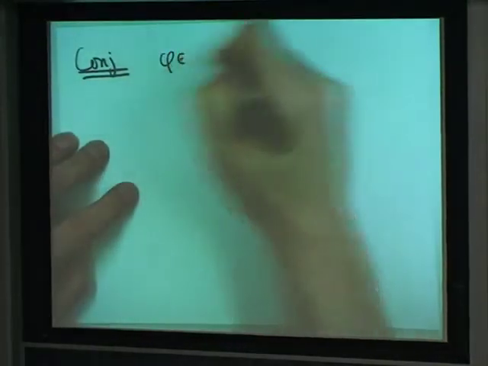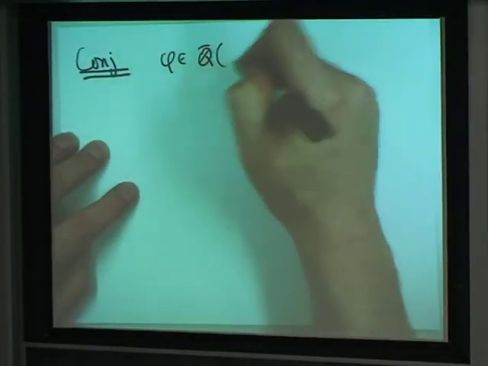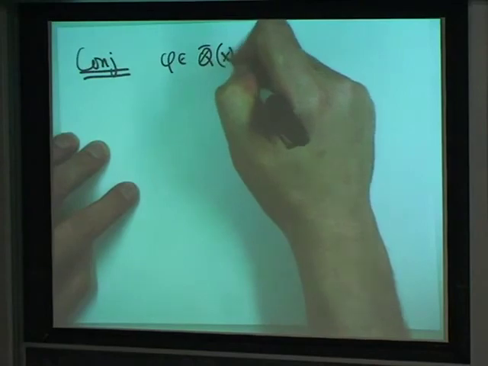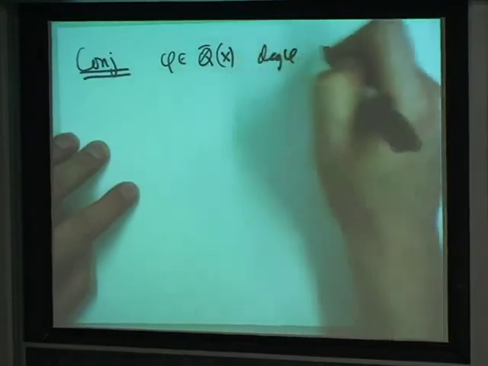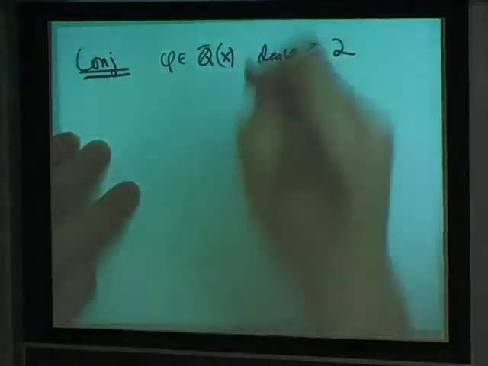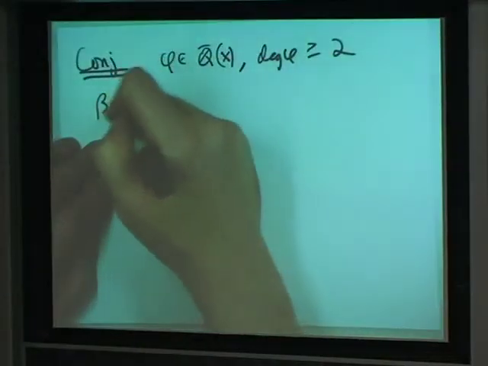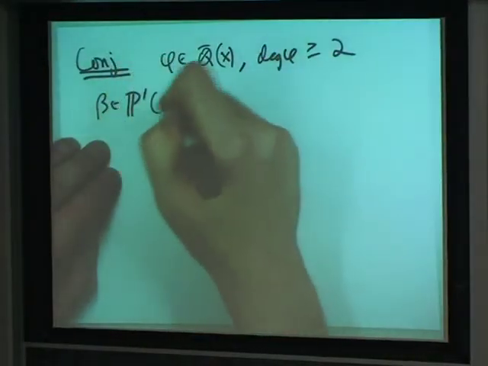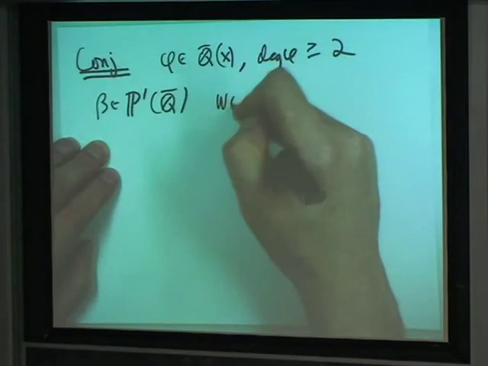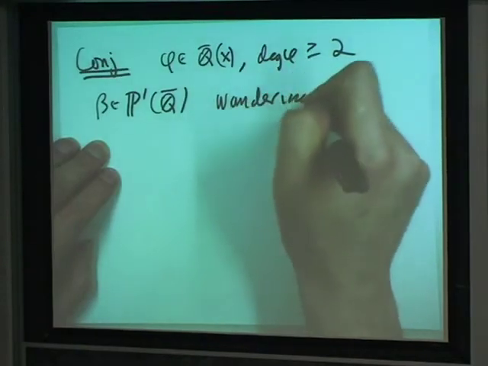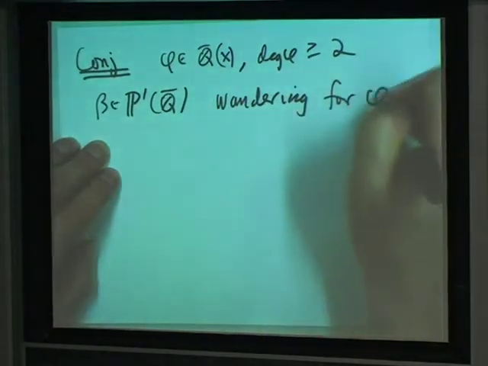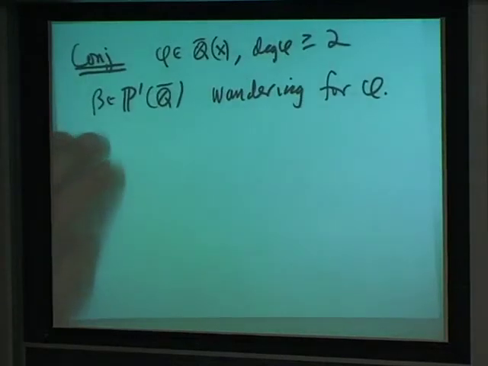So here's the dynamical analog of Lehmer's conjecture. Take a rational map phi of degree at least 2 as usual. Take an algebraic point beta that's a wandering point for phi, so it's not a preperiodic point. So its canonical height is not 0.